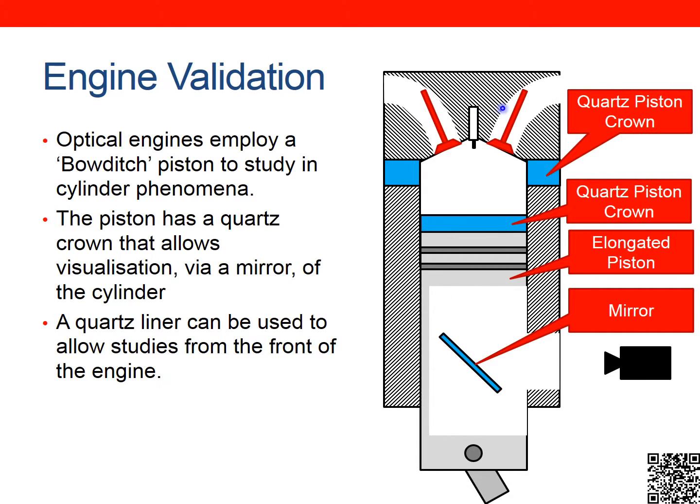This is the cylinder head, and this is effectively the engine block. Then we've got a quartz window here, which basically extends the cylinder head up, so that we can put cameras and lasers either side and measure what's going on in the combustion chamber itself, and also see what's happening in parts of the engine that are hard to reach.